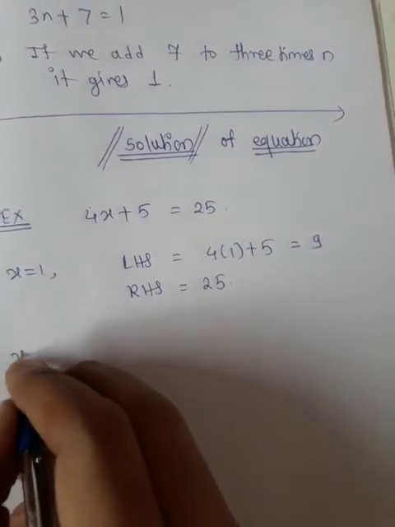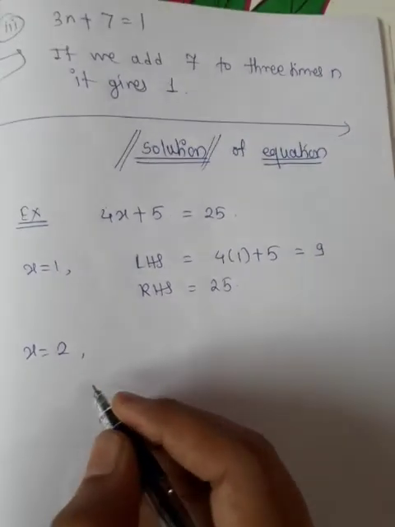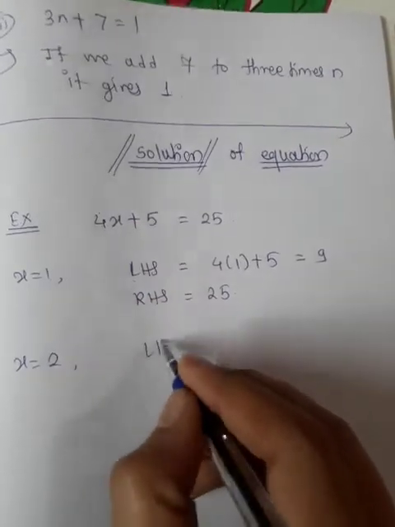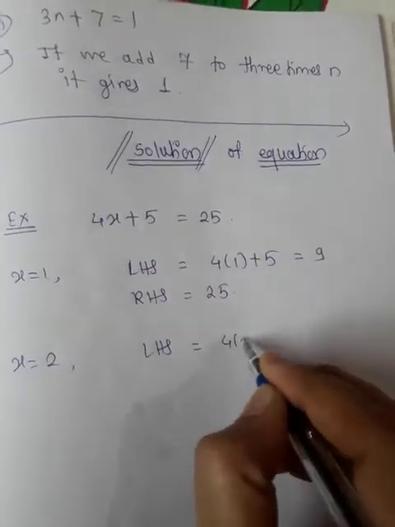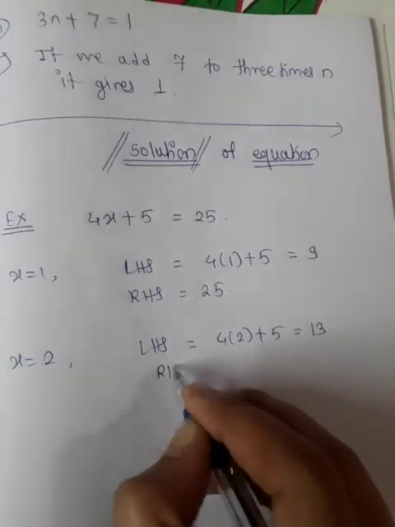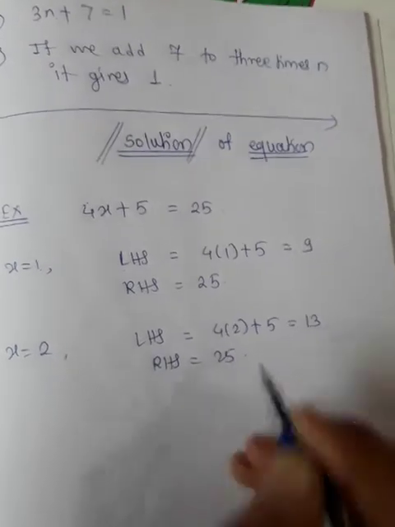Okay, if we put the value of x as 2, then what will we get? The value of LHS is 4 into 2 plus 5, that is 13, and the value of RHS remains 25.